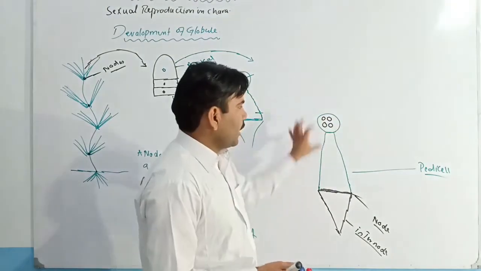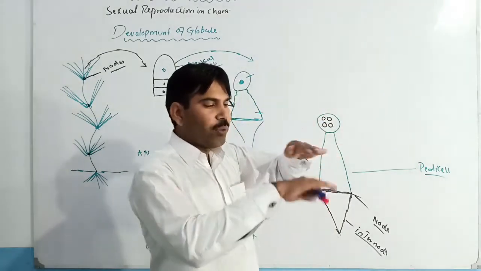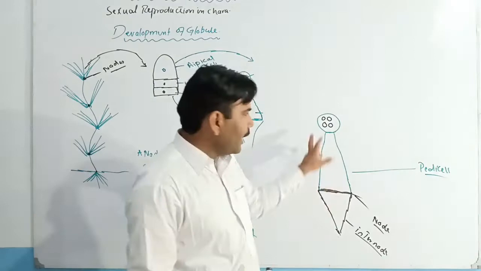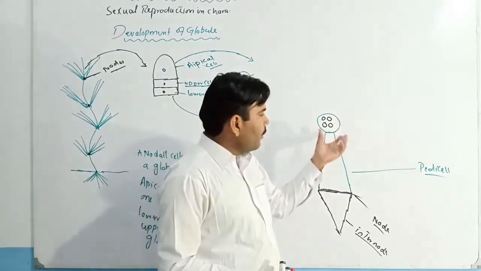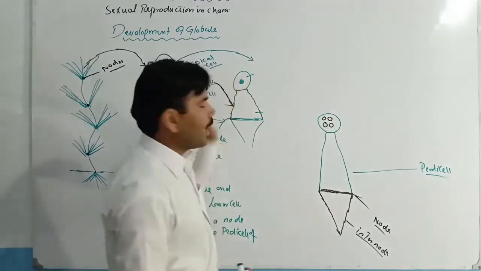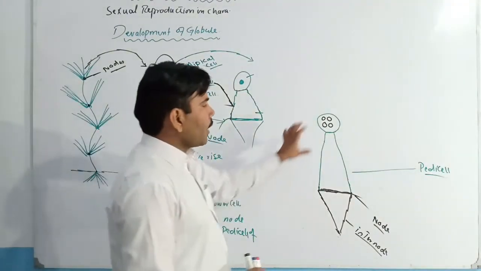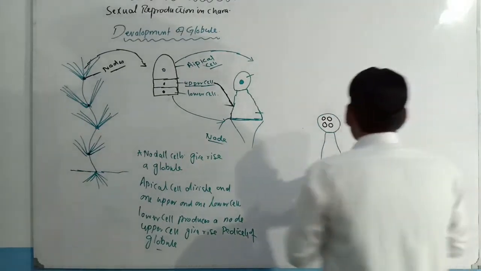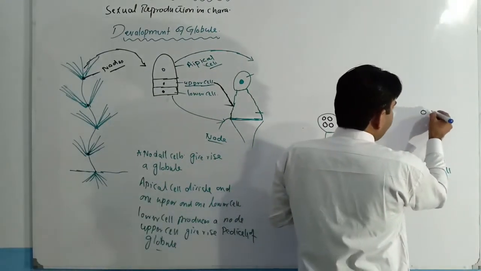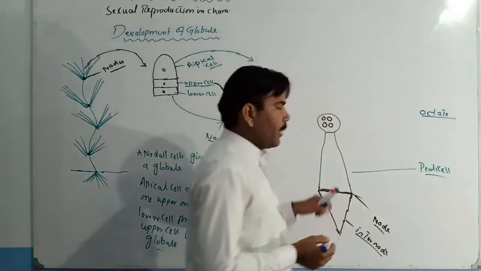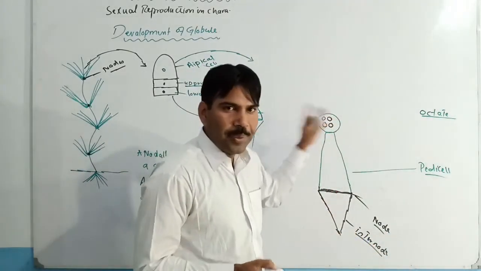So there are basically 8 cells, 4 upper and 4 lower, produced as a result of division of this apical cell. Now these 8 cells are known as an octet. This octet is formed as a result of division of this apical cell.